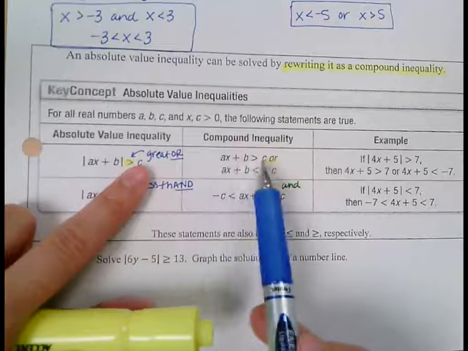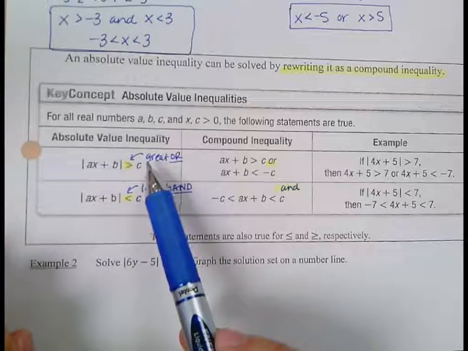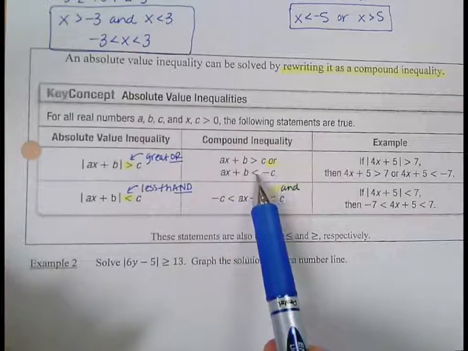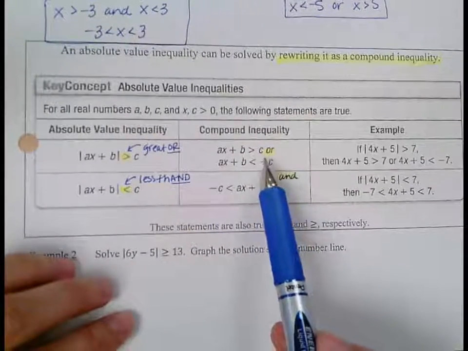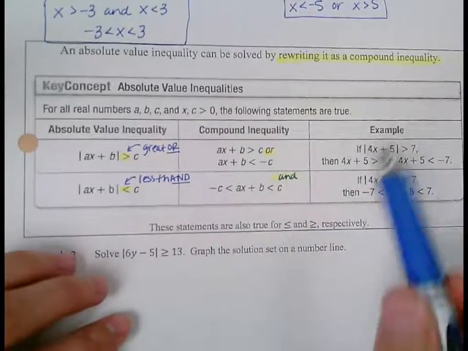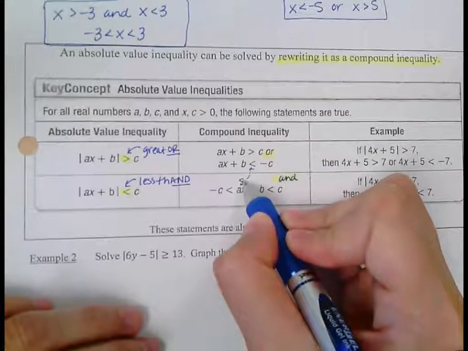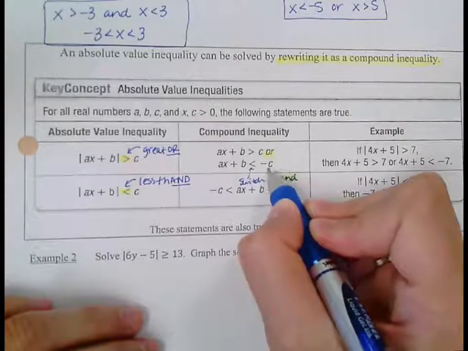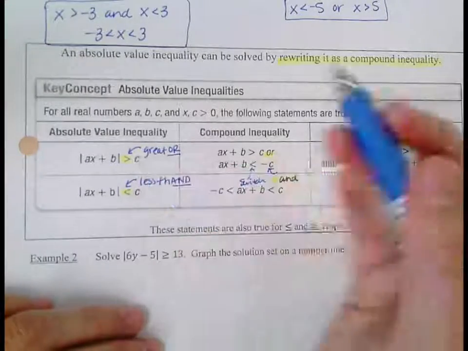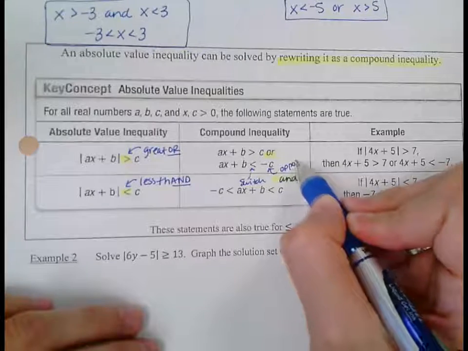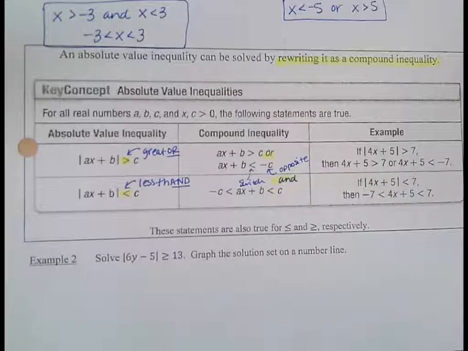Your positive case means you're not changing anything about the inequality. Your negative case, though, not only are you going to make the c negative or change it to the opposite, but you also have to switch the inequality sign. So the sign switches, and the right side of your inequality changes to the opposite for the negative case. And then it gives an example there, but we'll go through examples together as well.